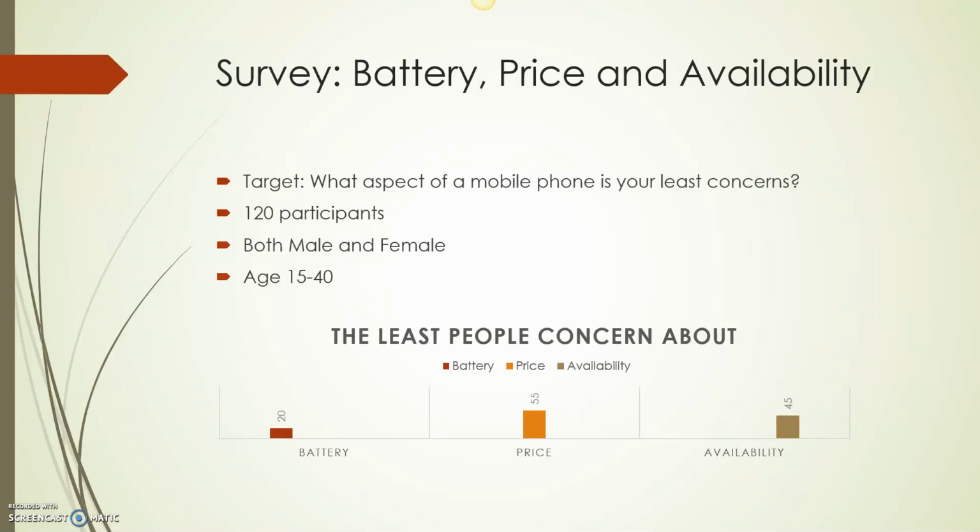My second question within the survey was about what aspect of a mobile phone is your least concern. I gave them a choice: price, availability, the phone life, like will it last longer or not. I also included the same amount of people, 120 participants, both male and female, aged from 15 to 40 again.